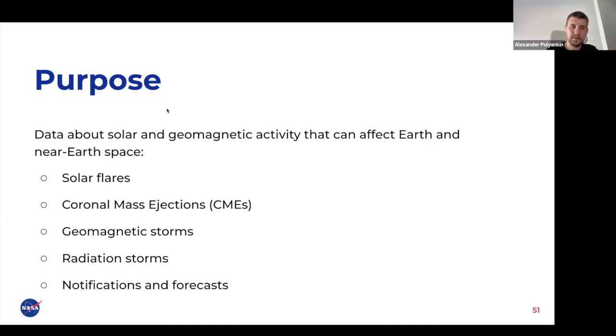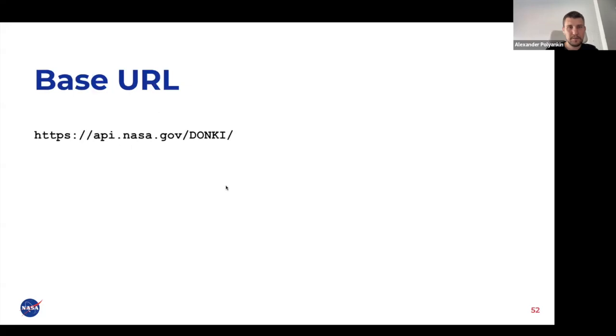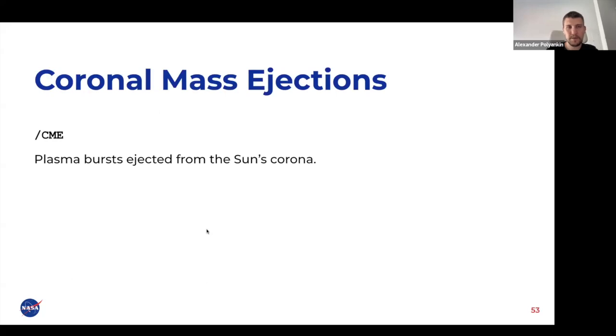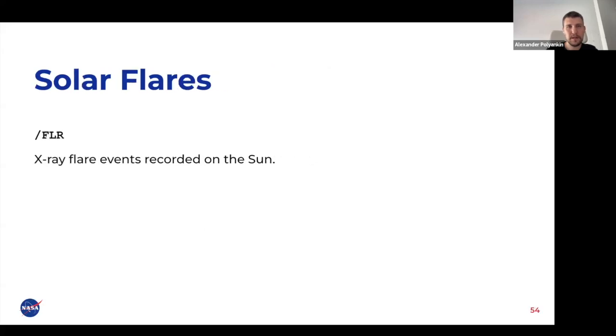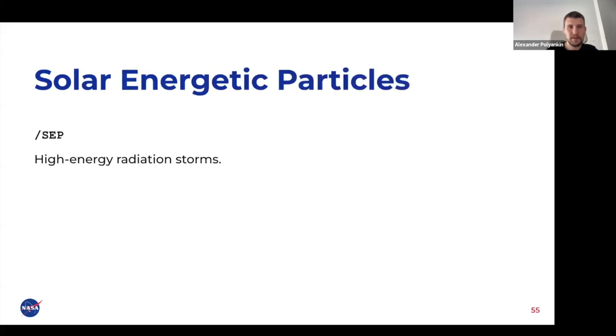There are many endpoints, I think maybe about 20 or so, but probably the most useful ones are about solar flares, coronal mass ejections, geomagnetic storms, and so on. So that's the URL. We can see the same API key is required, and they have a separate endpoint for each piece of information. So for instance, for coronal mass ejections, for solar flares, for energetic particles, and so on.